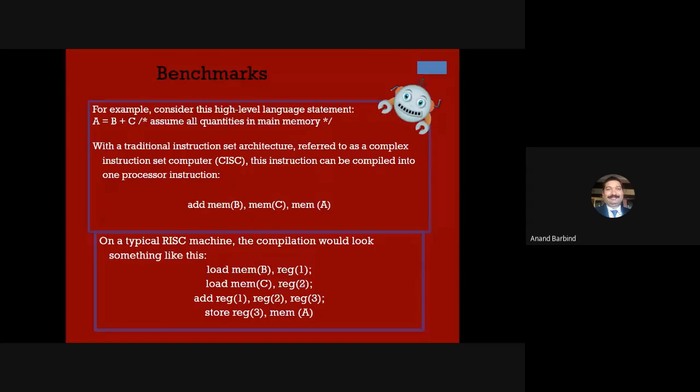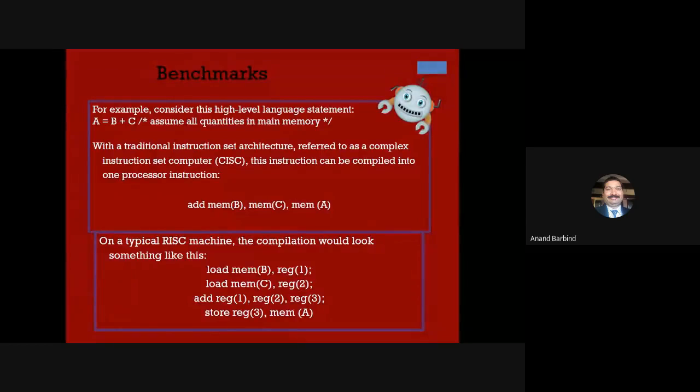So always, whenever the performance of a computer is to be evaluated, it is evaluated against a certain standard. Because if you claim that my computer executes 1,000 instructions per second or more than that, then which instructions those are also matters.